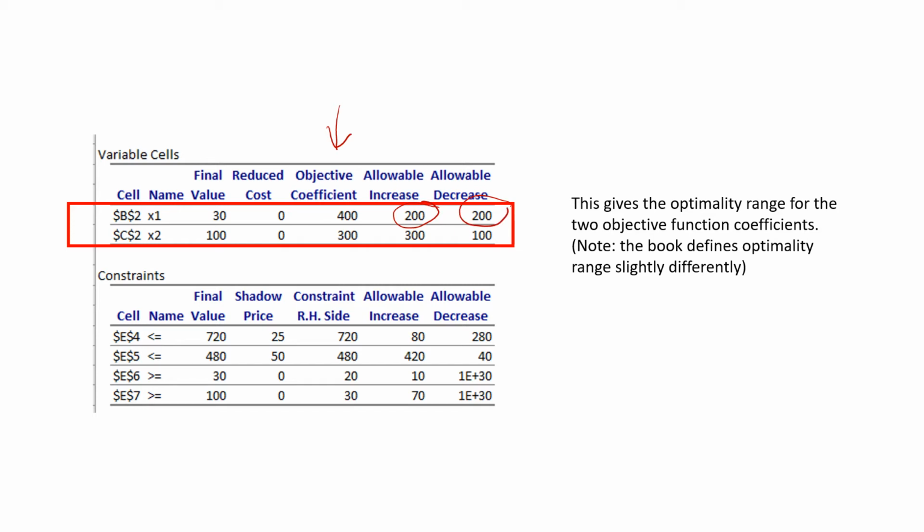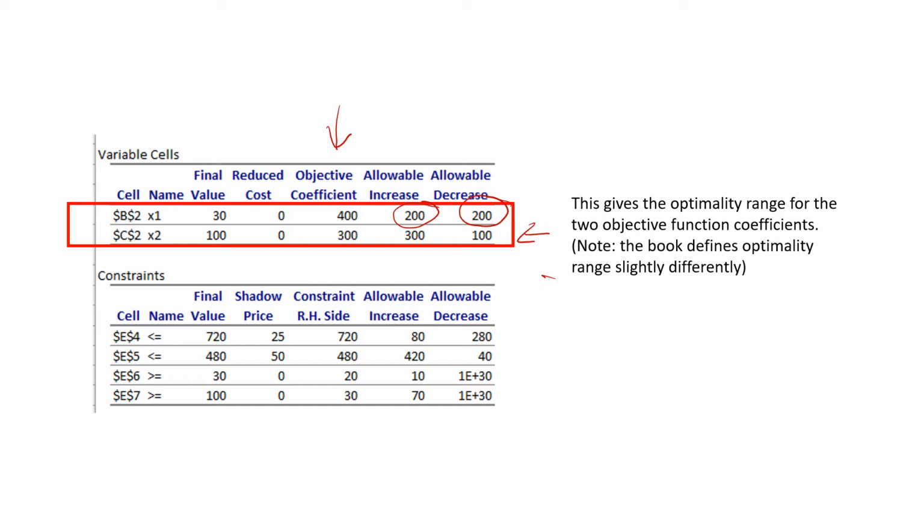It also says that I can drop that by 200. So if the profit of car 1 goes as low as $200, $400 minus 200, I don't change the mixture of cars. If suddenly the profit drops to $180, I need to relook at my mixture of cars.